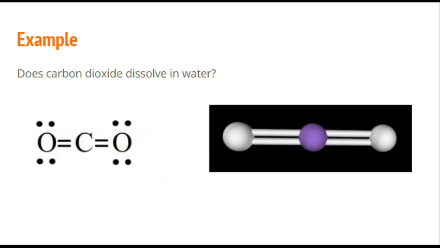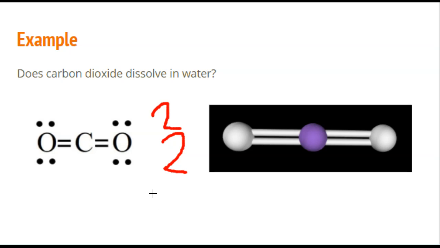The next example is carbon dioxide. Again, we count electron domains and bonding domains. This has 2 electron domains and 2 bonding domains. Everything so far seems to come back to these electron and bonding domain things. So 2 and 2, we look it up.